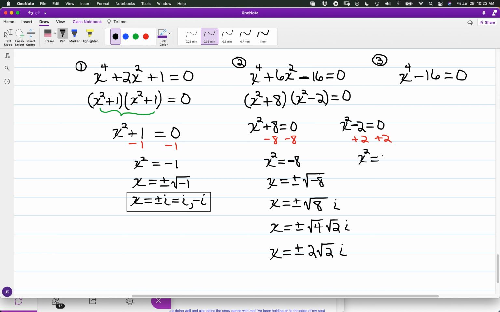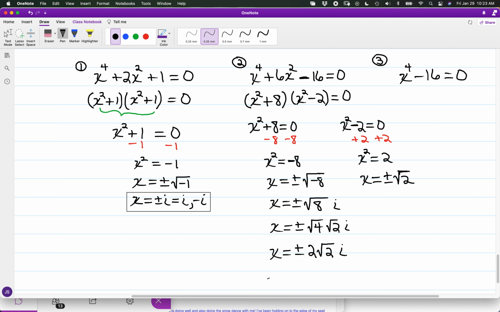So you have x squared is equal to 2, and utilizing the square root property of equality, going from x squared to x, I have x equal to plus or minus the square root of 2, and that is already in simplest radical form.